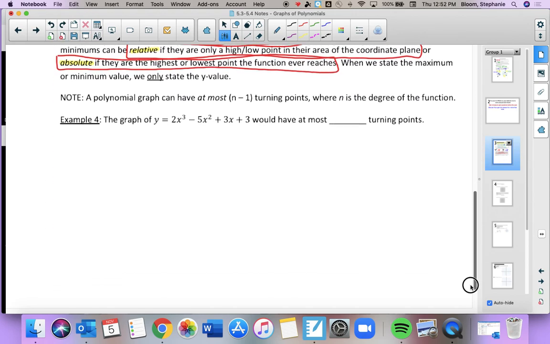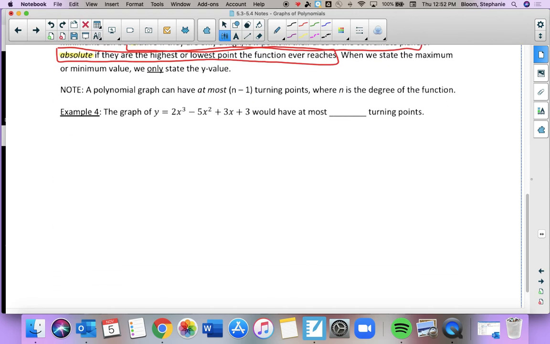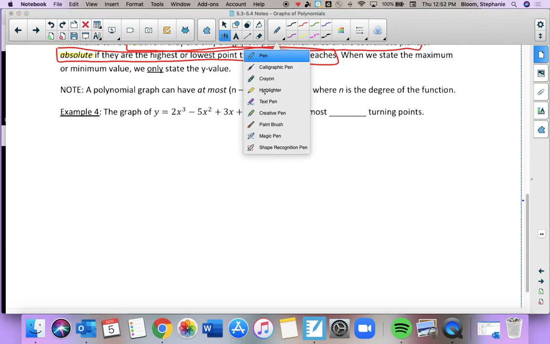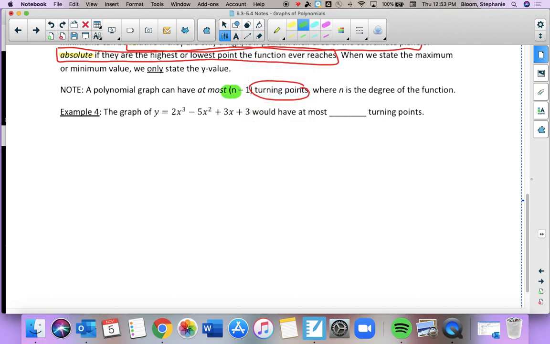So, last thing, which I just alluded to, were your turning points. And here's how you know how many times your graph might turn: this formula right here. This n minus 1, where n is the degree of your function.